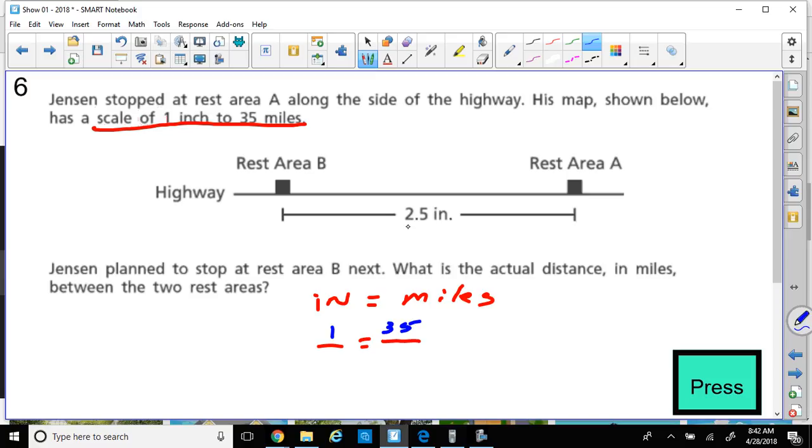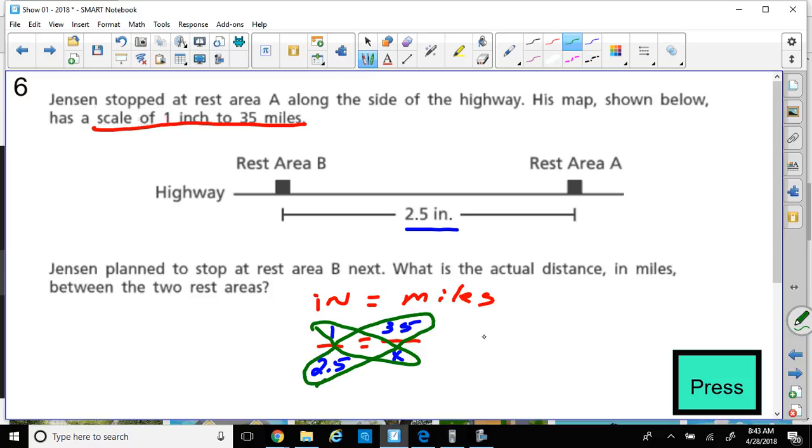So here we have the distance between the rest areas being 2.5 inches, and I'll line that up neatly under the 1 inch. And we want to know how many miles that is, and I'll call that X miles. So we have what's called proportions here, and when we're dealing with proportions, we have to cross multiply to solve for the missing unknown. So let's cross multiply and see what we get.